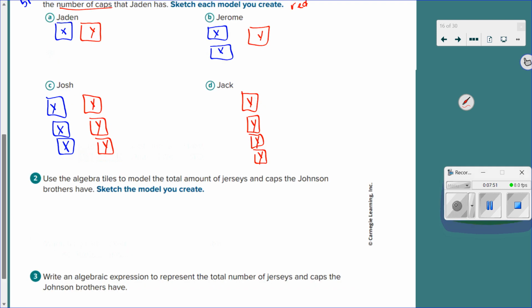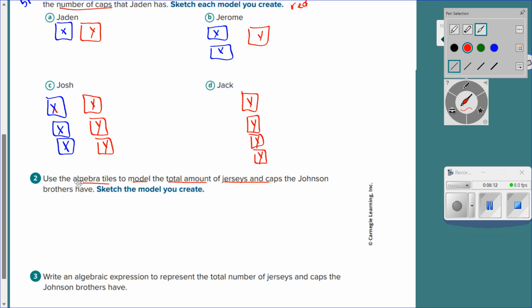So now that you've done this, we have the algebra tiles. We model the total amount of jerseys and caps the Johnson brothers have. So that's all of them. Basically, if I pull all my tiles together, how many X tiles did I have? Back to blue, so I go back to the X's. I ended up with 6 of them.